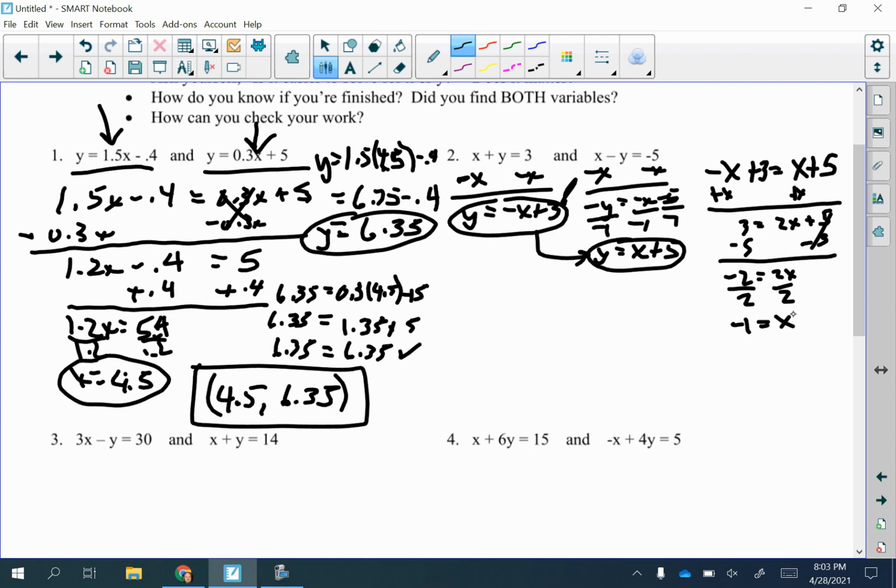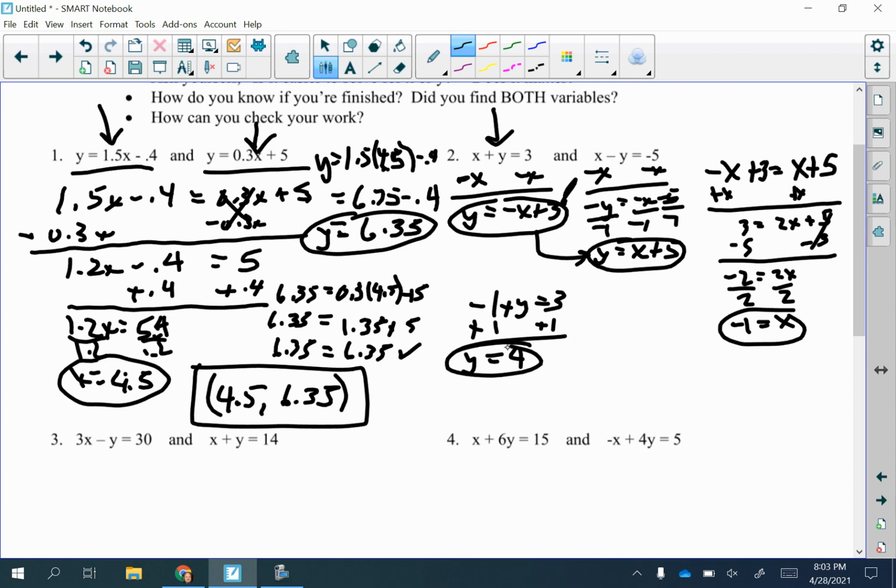So I found half of my intersection point. Now I'm going to take one of the equations. Let's use this first one, and I'm going to plug negative 1 in for x and solve for y. Add 1 to both sides. y equals 4.